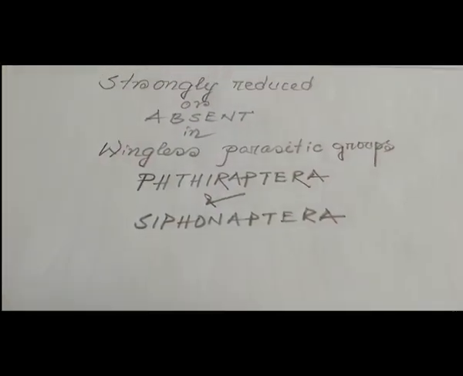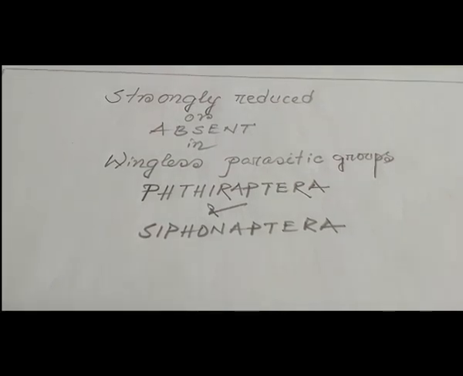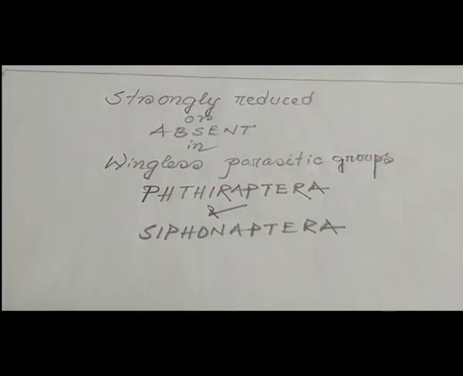But they are strongly reduced or absent in parasitic groups such as Phthiraptera and Siphonaptera, and also in female coccids belonging to the order Hemiptera. Among Apterygota, the compound eyes are lacking in some Thysanura.